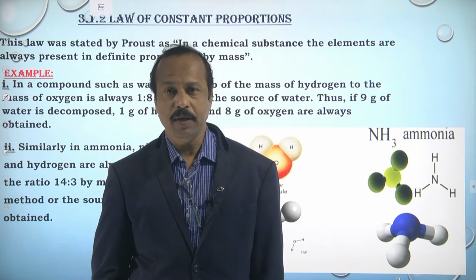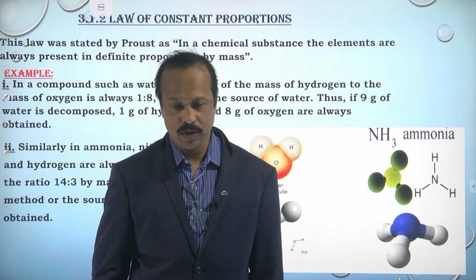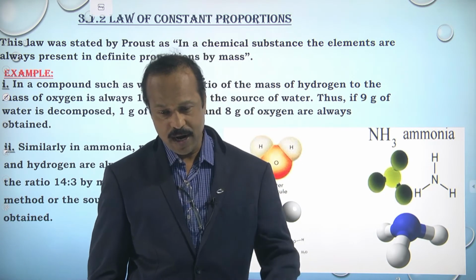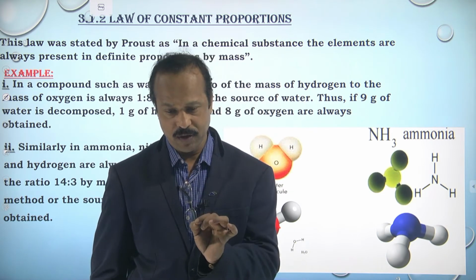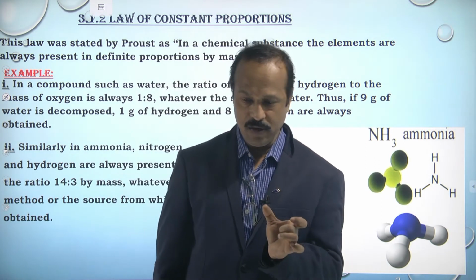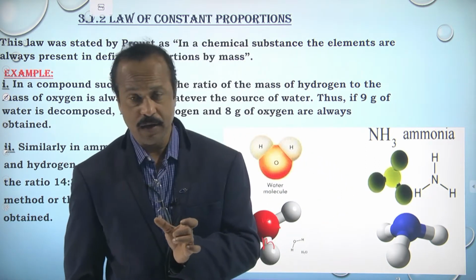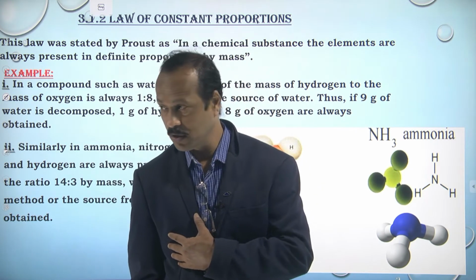Now, I am taking the water at Hyderabad. So I am in Hyderabad, so I will take the water in Hyderabad and I will purify, I will remove all the impurities and everything. I will take only pure water, one water molecule. And if I check that water molecule, how many hydrogen, how many oxygens are there in that water molecule?